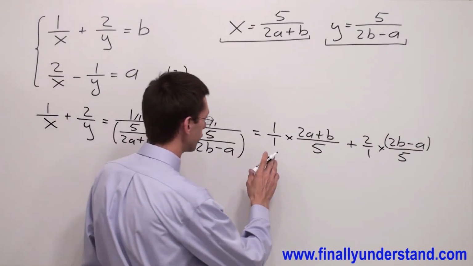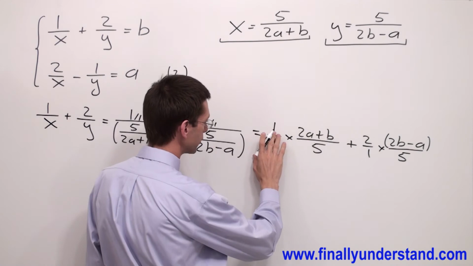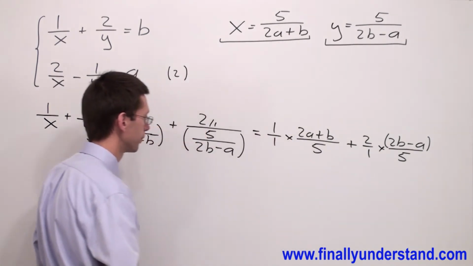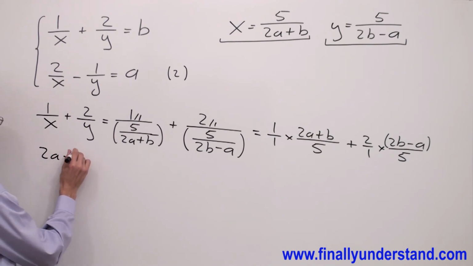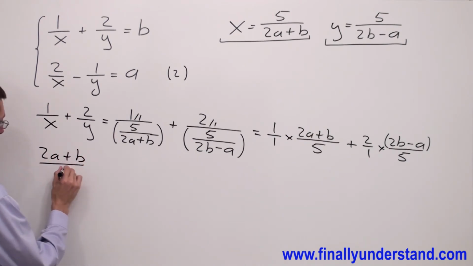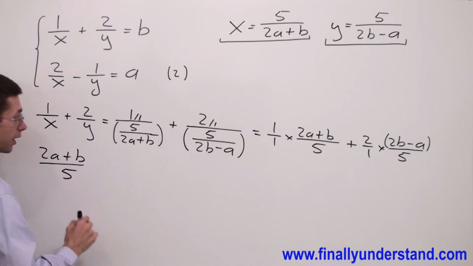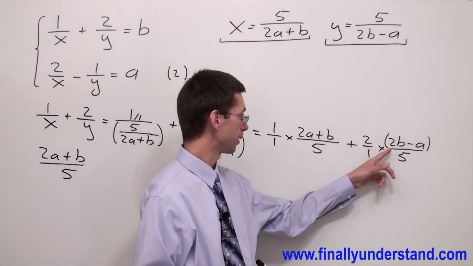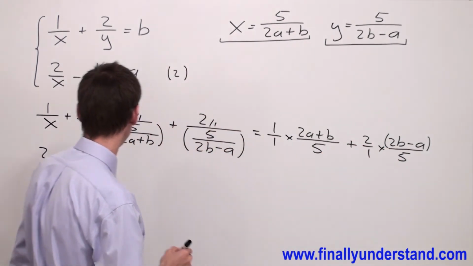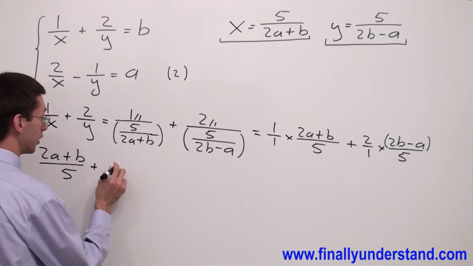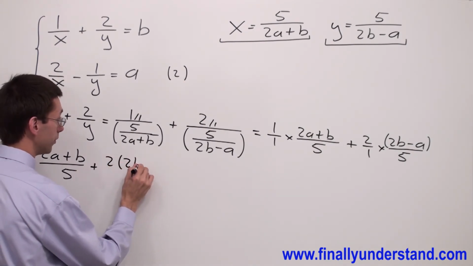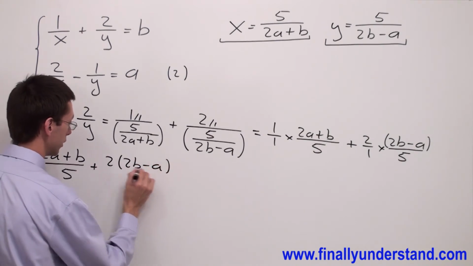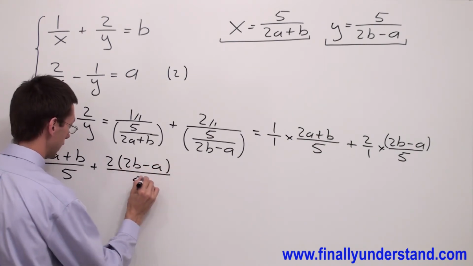Next, we're supposed to perform the multiplication. 1 times anything is always the same. So I have 2a plus b over 5, and I have 2 times this fraction, which is simply 2 times 2b minus a over 5.